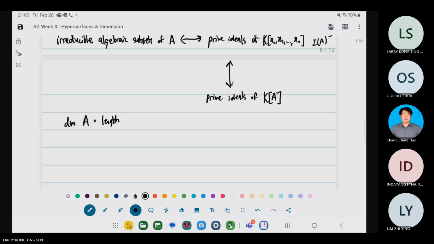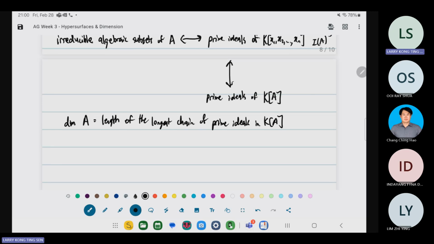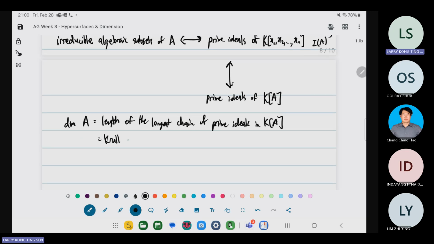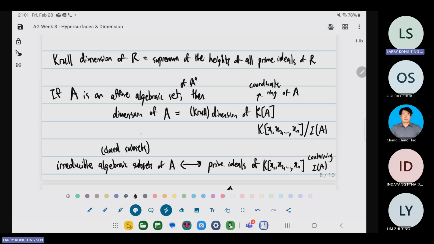Because of that, the dimension of A here is the length of the longest chain of prime ideals in K[A], which is the Krull dimension of K[A]. So Krull dimension and dimension of an algebraic set have this correspondence.